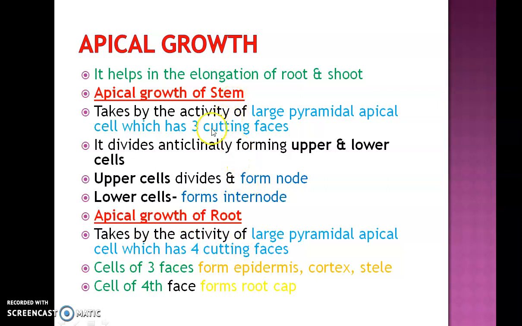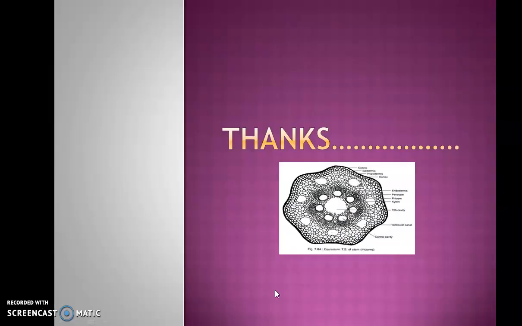In the case of stem, it has only three cutting faces, while in the case of root, the apical cell has four cutting faces. The cells of the three faces form epidermis, cortex and stele, while cells of the fourth face form the root cap. That's all.